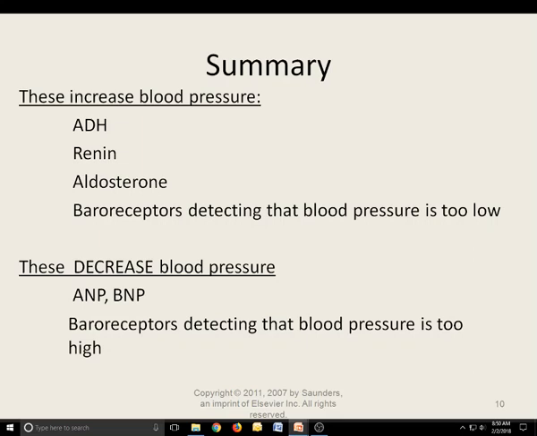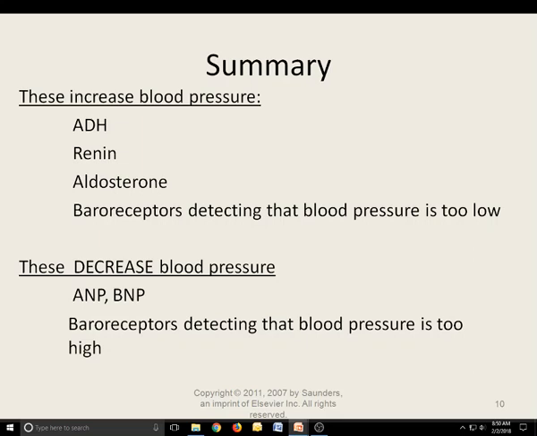And that's nervous control. These decrease blood pressure. ANP and BNP being released from the heart decrease blood pressure. And baroreceptors detecting that blood pressure is too high in the carotids, in the aortic arch, sending that information to the brainstem, ultimately resulting in blood pressure coming down.